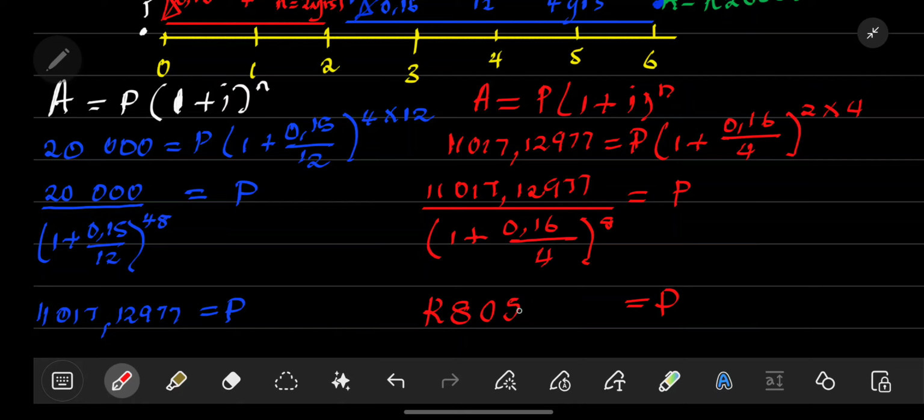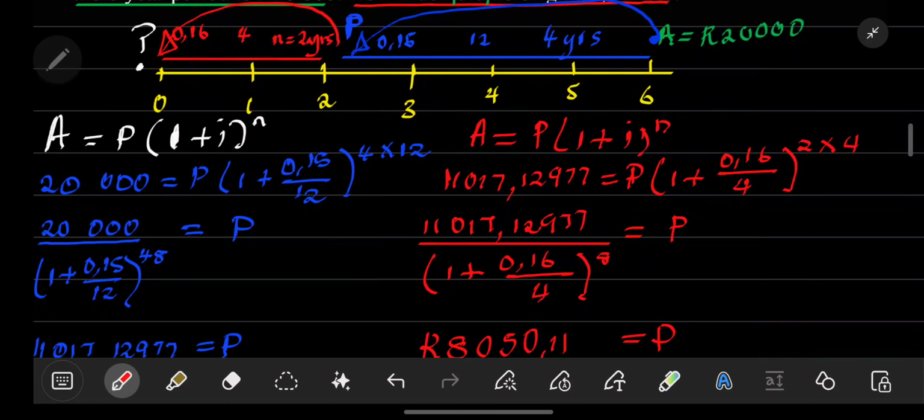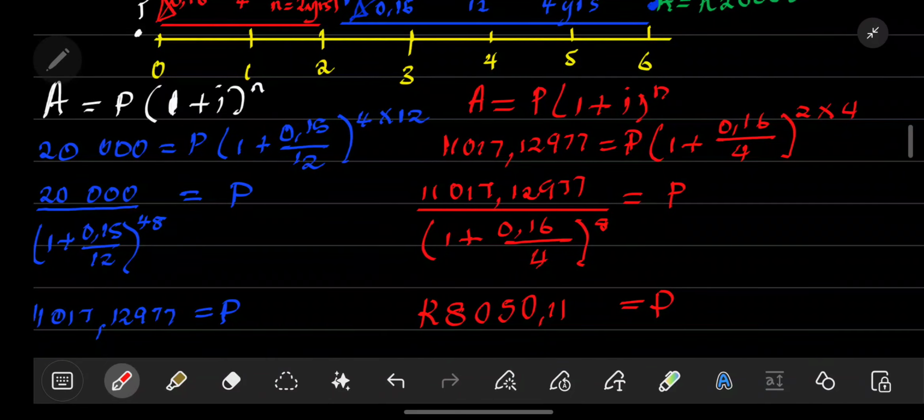Oh wait, 8,050 rands and how many cents? And 11 cents. 8,050 rands and 11 cents. It is our P. So meaning that this person, if they wanna accumulate this amount of money in future, they must start with 8,050 rands and 11 cents.